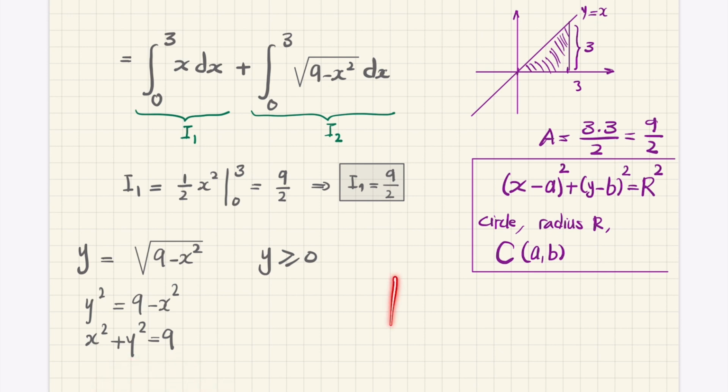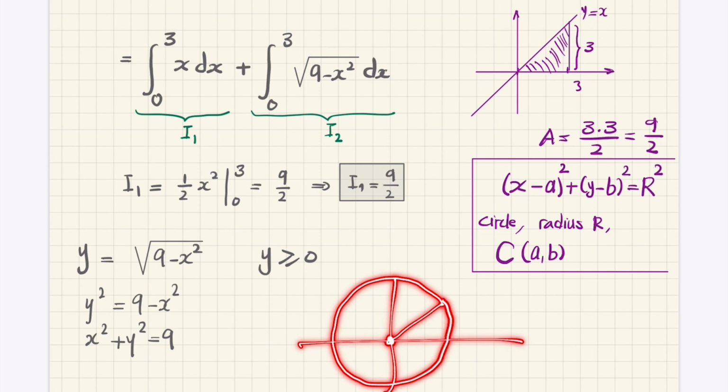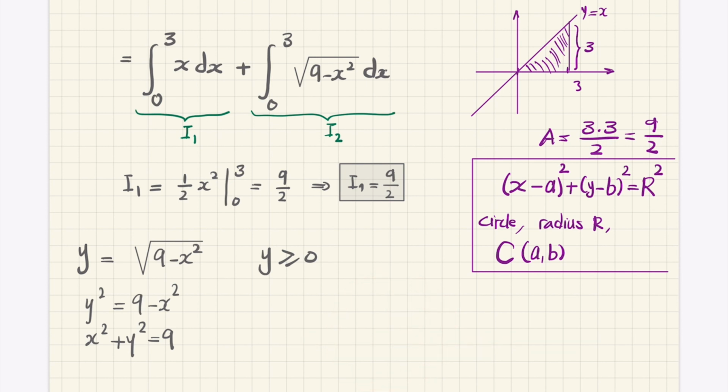So it means, what is that? I want the points whose distance from the origin is 3. All the points. So it becomes a circle, centered at the origin with radius 3. But I am not allowed to go below the x-axis because y is non-negative. So this is not a complete circle, it's a semicircle.